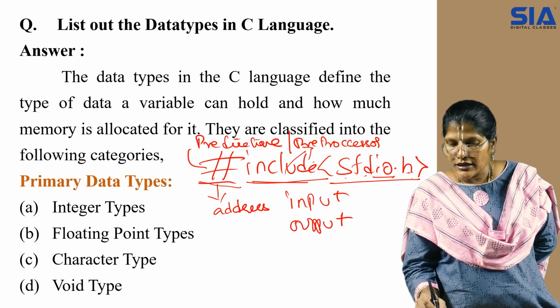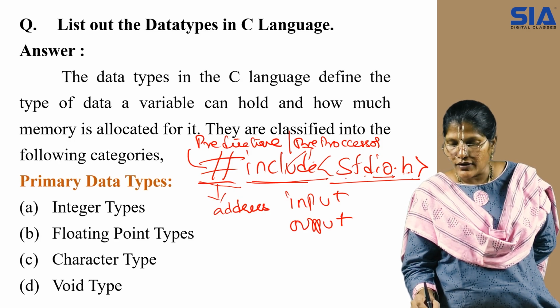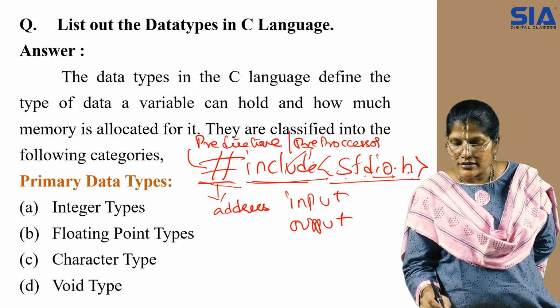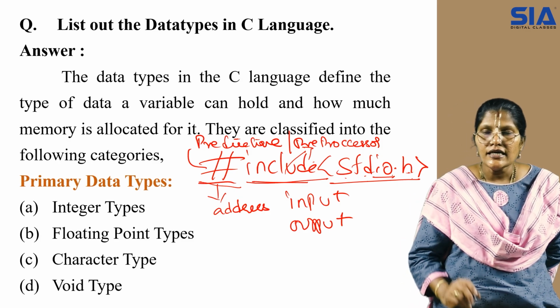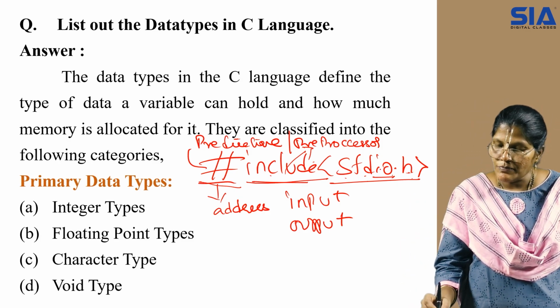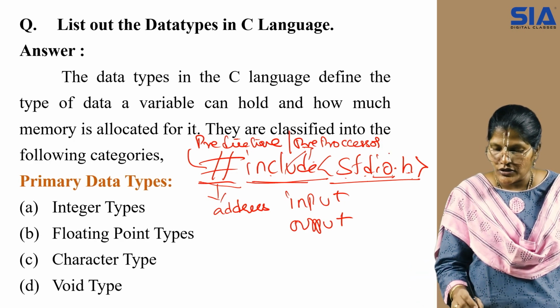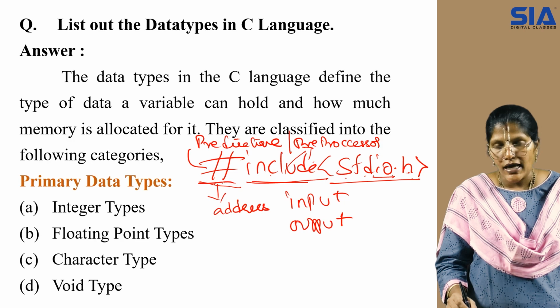So stdio is a word. Dot h means it is a header file, which is surrounded with the lesser than and greater than symbols. That means it is a header file and it has to be included, and the details about the input and output functions reside at a particular location, which is denoted by hash.